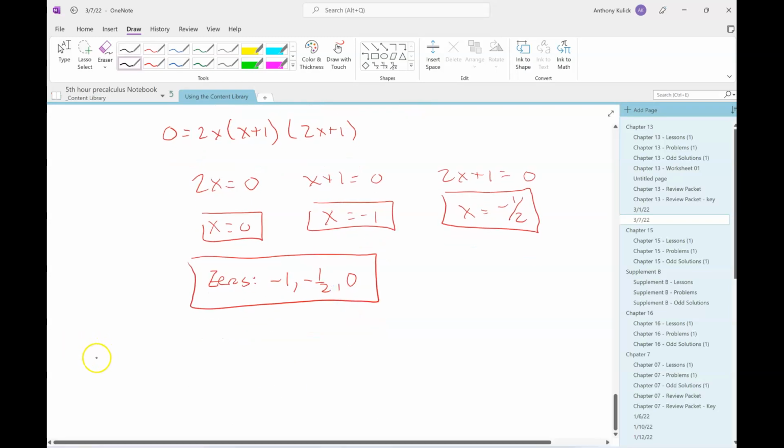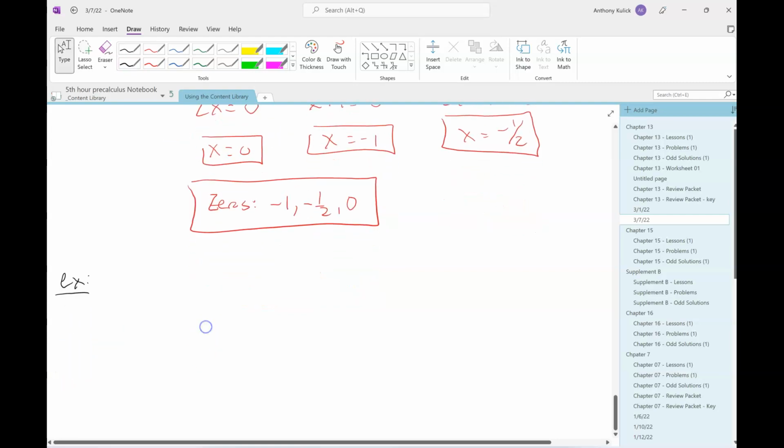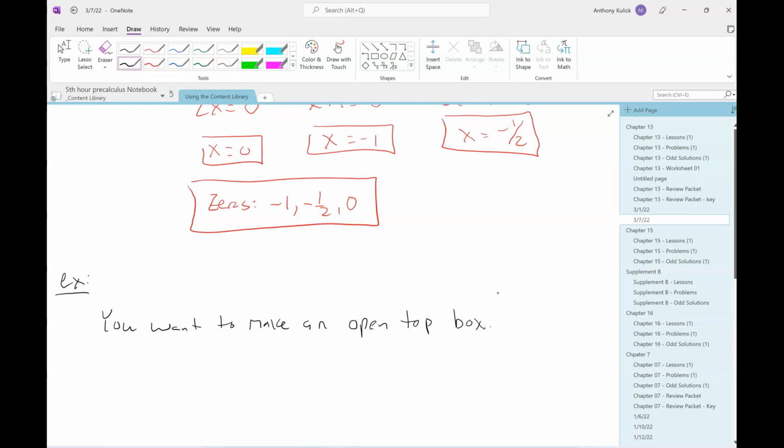Let's look at a story problem example. So let's say we want to make an open top box. So what do I mean by an open top box?